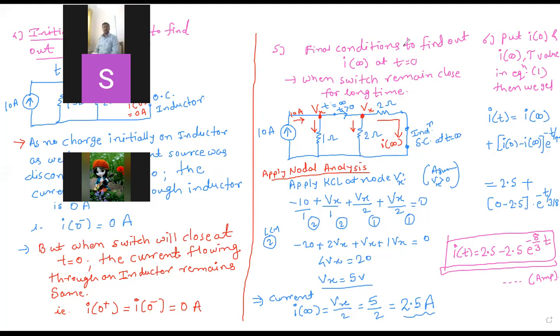Such a problem they will ask for 6 marks, minimum 6 marks, maximum 8 marks. In competitive examinations, they can ask any one parameter. Either they can ask time constant, initial conditions, or final conditions in the form of MCQ questions. So here we have covered the type in which multiple resistors and a current source are there. That is a very important thing.